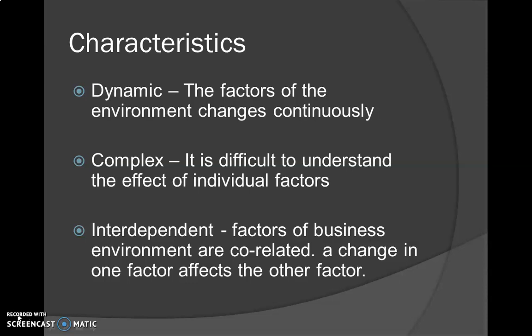After coming to power, that particular government has changed the export import policy. So that is an economic change. So, a change in the political environment has made another change in the economic environment. So that's how different factors are interdependent or interrelated. The factors of the environment are not independent, but they are interdependent.